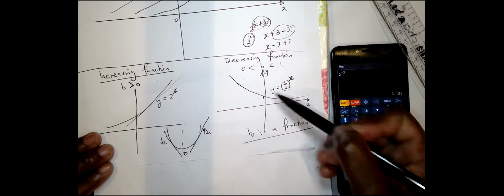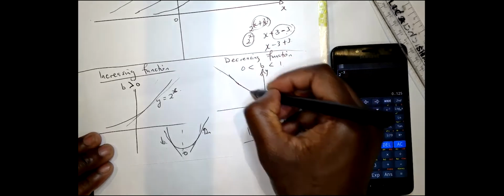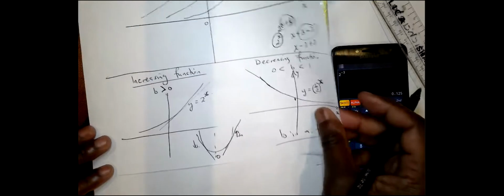Whenever you see that it's a half or a third, you know my b is a fraction, so the shape is going to be like this. It's going to be decreasing.